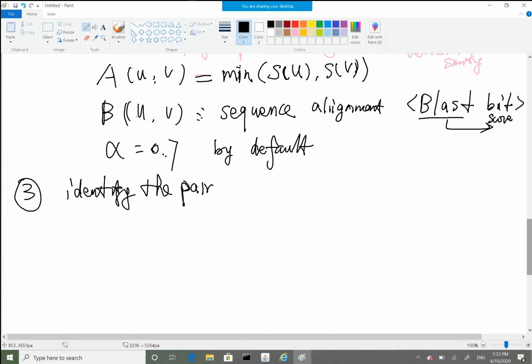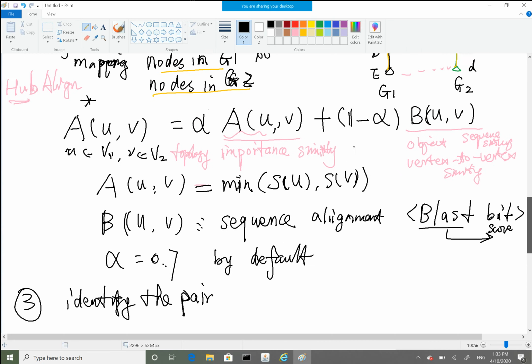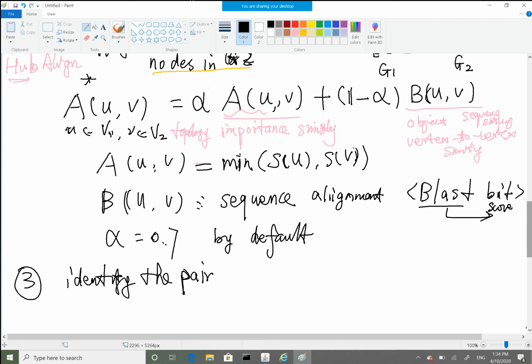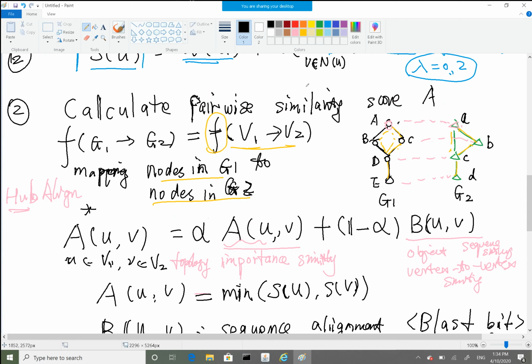So in this step, you get a similarity score for each pair. And finally, you have to decide whether this vertex should be mapped to A or to lowercase c. You have to make a decision, right? Because this mapping is a one-to-one mapping. One vertex is only mapped to another vertex.